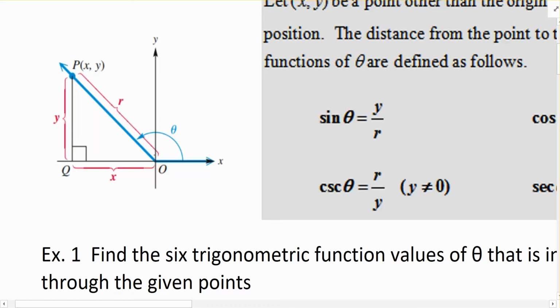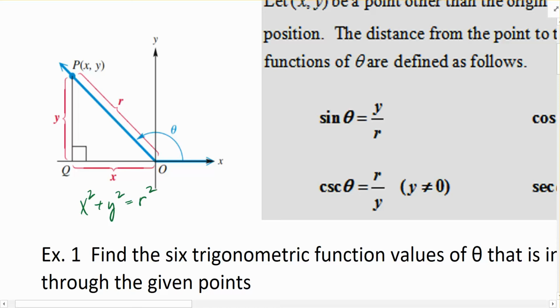What's important about that is for us to remember that because I just created a right triangle, I can solve for any of these missing sides by knowing Pythagorean's theorem. Now remember, Pythagorean's theorem says the square of one side plus the square of the second side must be equal to the square of the hypotenuse.